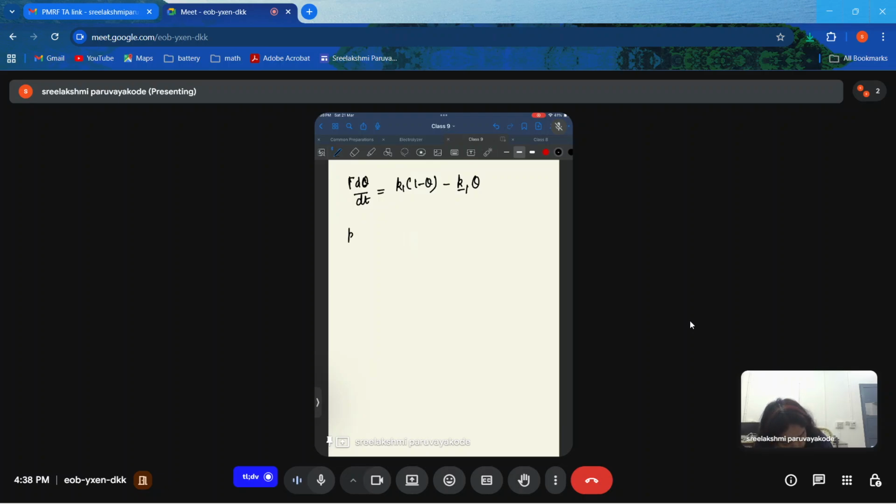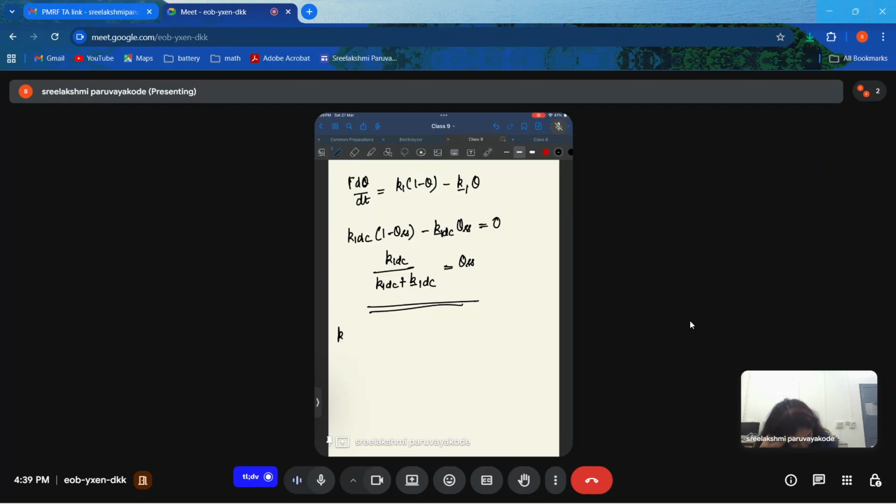Now it's steady state. k1 dc into 1 minus theta ss minus k minus 1 dc theta ss equal to 0. So k1 dc by k1 dc plus k minus 1 dc equal to theta ss. This is what we have to find out.